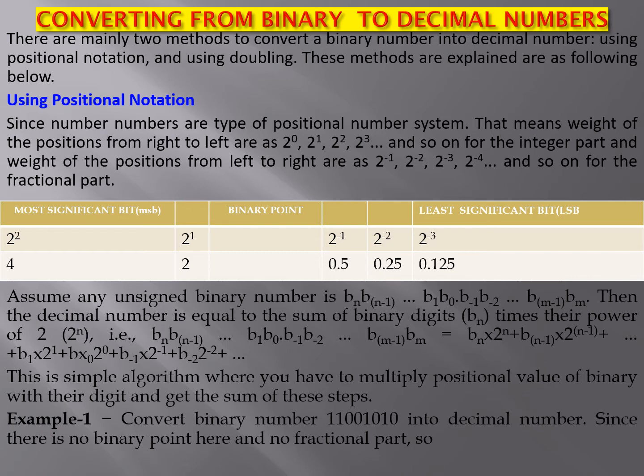Assume any unsigned binary number is bn, bn minus 1, ..., b1, b0, binary point, b minus 1, b minus 2, ..., b minus m plus 1, b minus m.